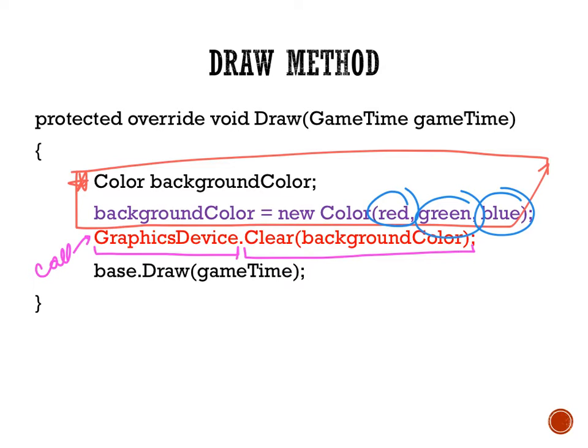And Miss Clear knows that her job is to clear the screen to a particular color. So he's calling her to do her job. And what you'll see here is that he gives her over the phone the background color information that she needs in order to clear the screen to the correct color.